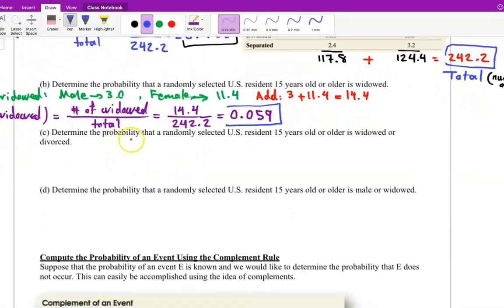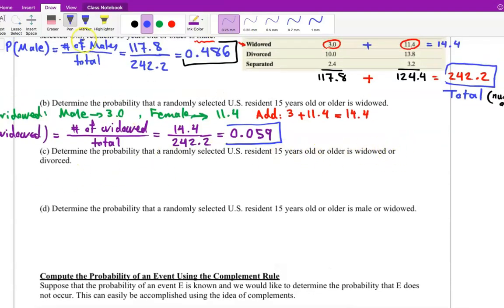Now, part C, determine the probability that the randomly selected US resident is widowed or divorced. So we have or in between here on this part. So we have these two events, and we have or in between.